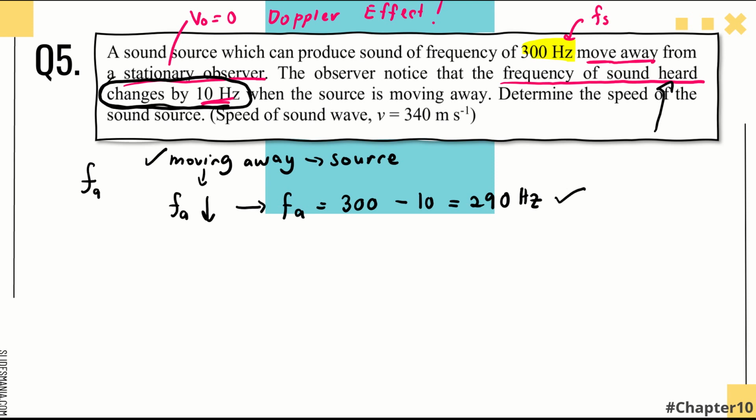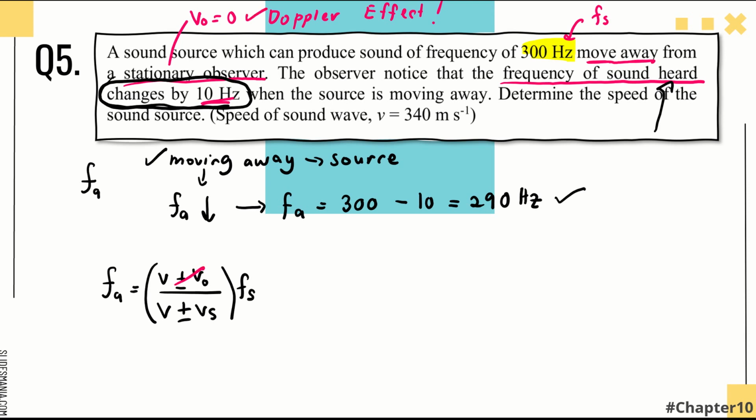For the case of a stationary observer, the formula for Doppler effect, the general formula, is V plus minus VO over V plus minus Vs times the frequency of the source. We can cancel out VO as it is equal to 0.